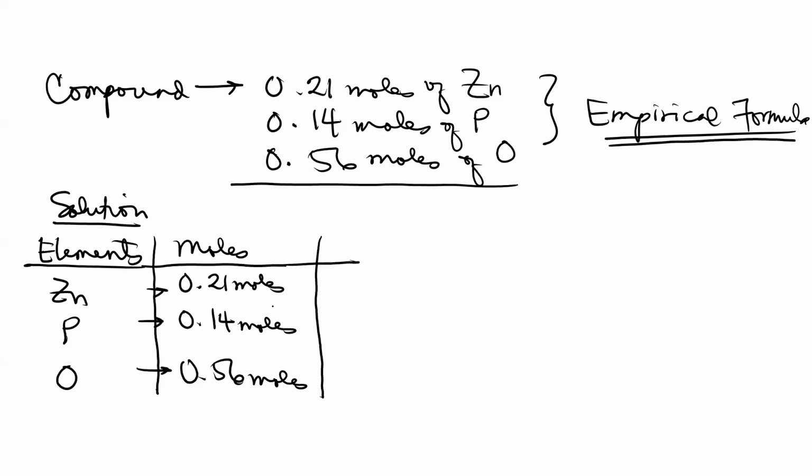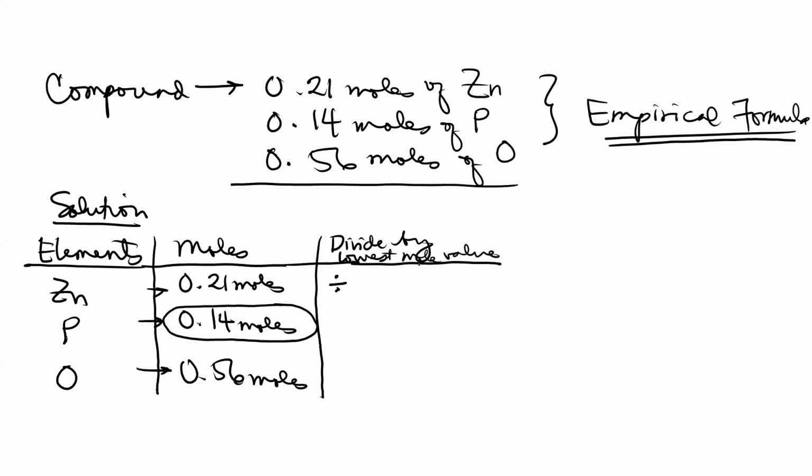So among the elements, phosphorus has the smallest value among them. So we divide all of the mole values by 0.14 moles, which is the mole value for phosphorus. So we put that on the next column, divide by lowest mole value.